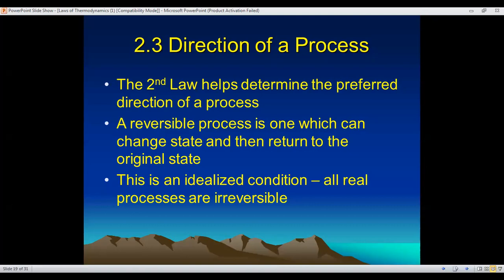So this is an irreversible process. We know the direction when a hot cup of tea is put on the table in a room: the heat is always transferred from the tea to the environment.